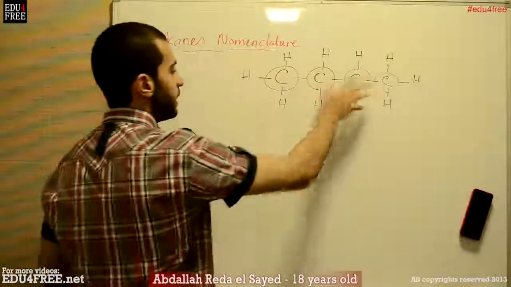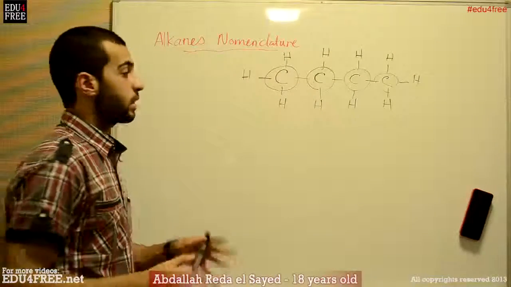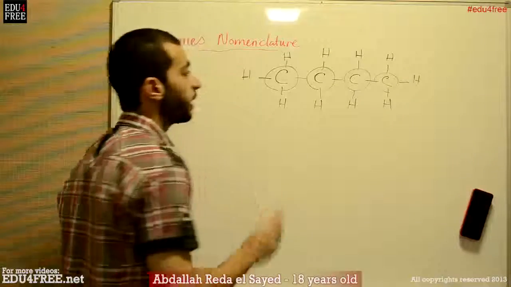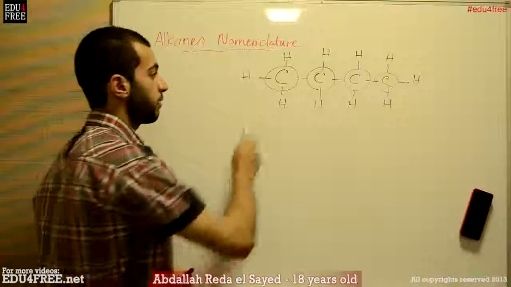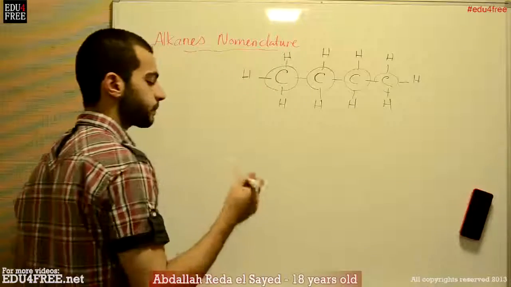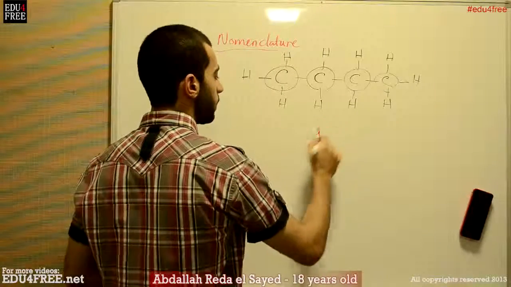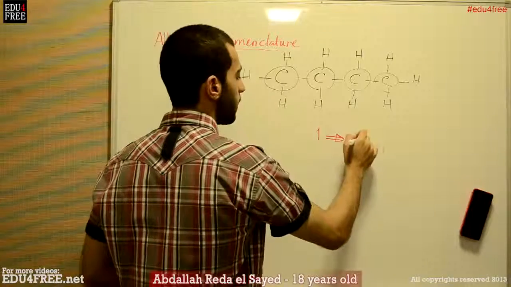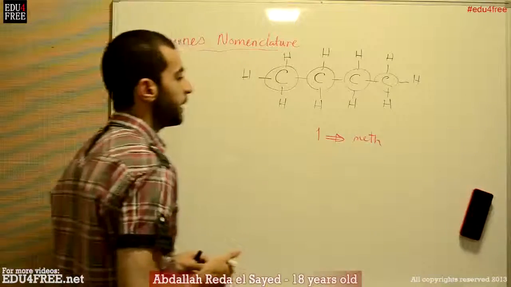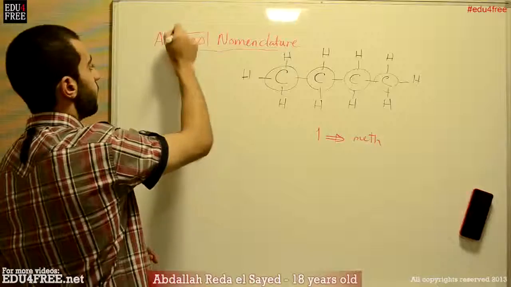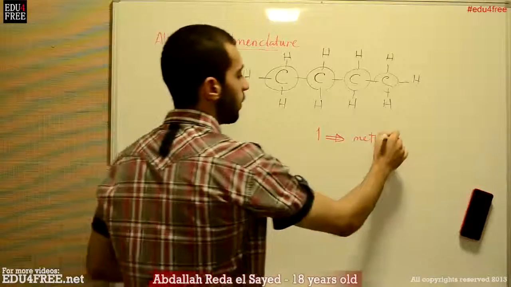So how do I name this thing? The first rule is to count the number of carbons. So if we have 1 carbon, this is called meth, and then we add the suffix ane, so it's methane.